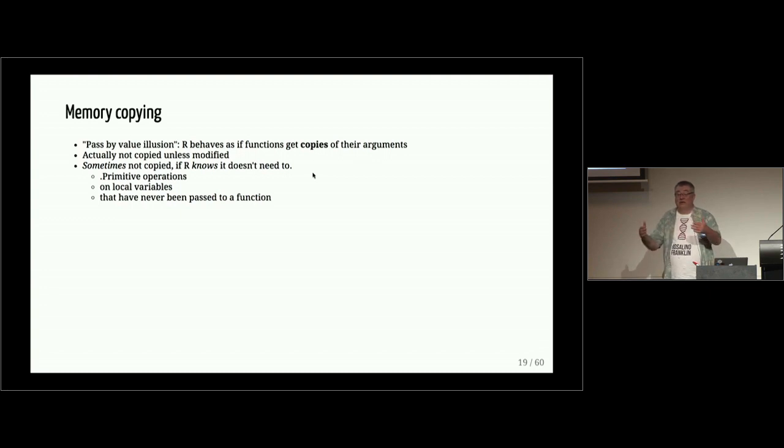So if the function doesn't modify the arguments it's passed, they're not copied. If they are modified, then occasionally they're not copied, if R can prove that it doesn't need to. And basically this is primitive operations on local variables that have never been passed to a function.